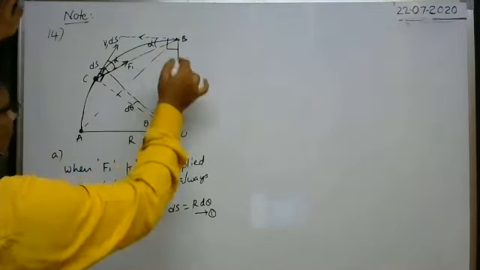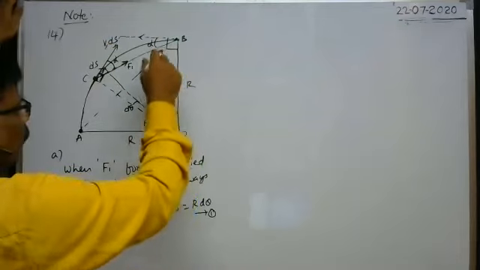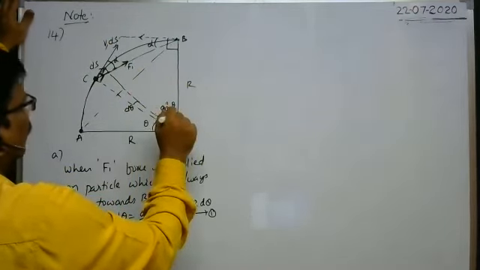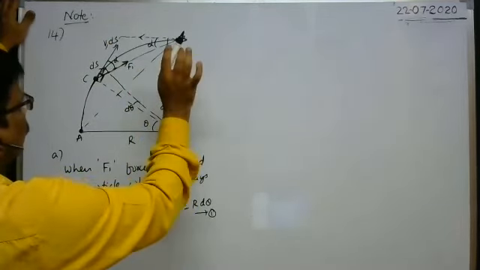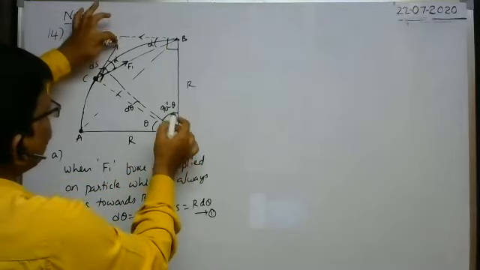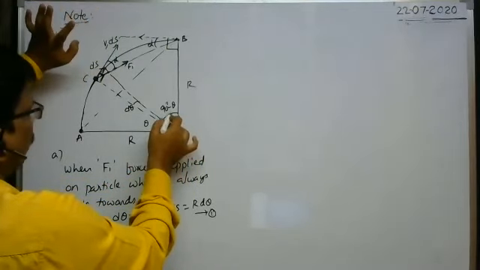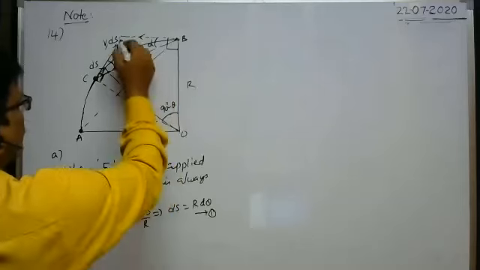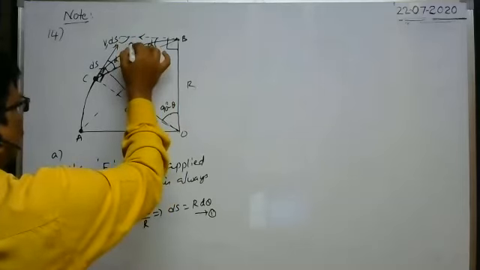In the quadrilateral, the total of the angles at the 4 corners is equal to 360 degrees, in which 90, 90, 180 is over. So the remaining two angles add up to 180. Suppose this angle is 90 minus theta and this angle is beta.